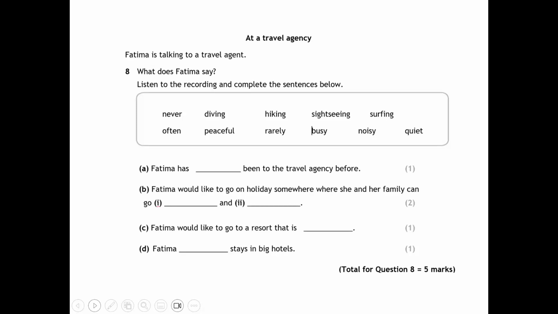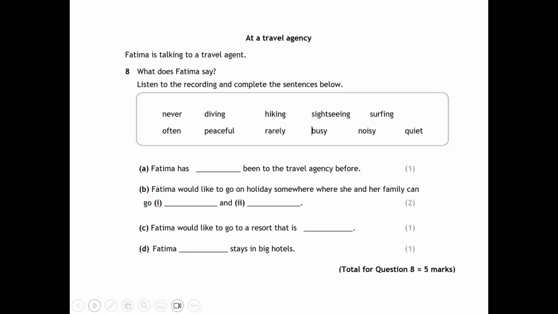And so candidates are looking to use sometimes their knowledge of grammar as well as their knowledge of language. So you will see Fatima has something, been to the travel agency before, and so never is a possibility. Diving doesn't make any sense.